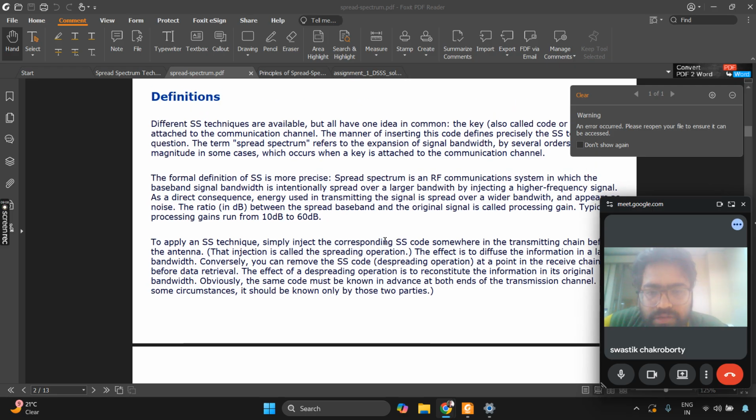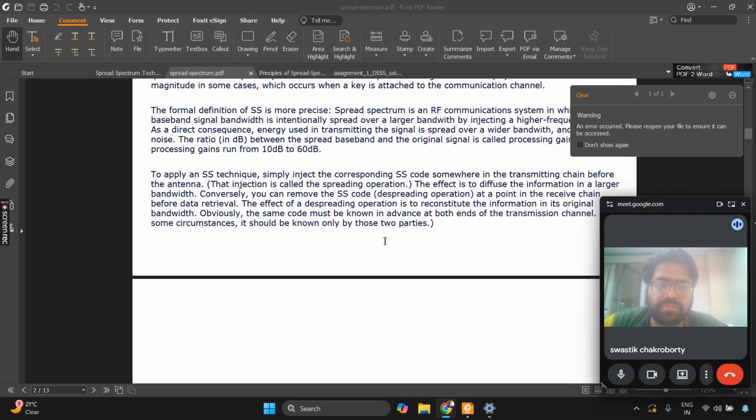This is called the spreading operation. You can also remove the spread spectrum code using a despreading operation before data retrieval. The effect of despreading is to reconstitute the information in its original bandwidth. Obviously, the same code must be known in advance at both ends of the transmission channel.